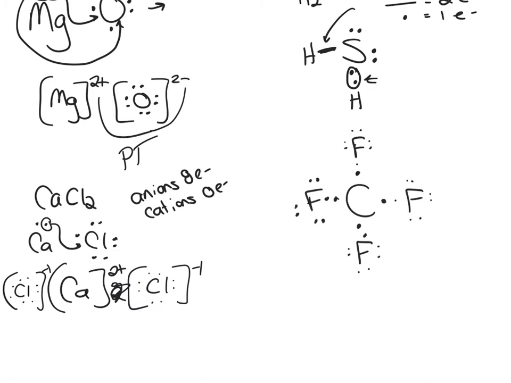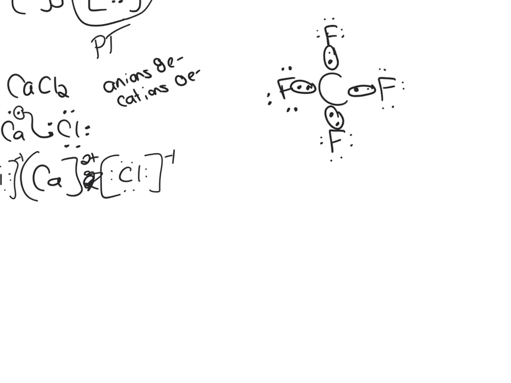And what I'm going to do, instead of drawing lines, I'm going to circle those bonds and be like, there they are. So that carbon is making 4 bonds, 1 to each fluorine. Now, we need to talk about bond polarity and molecule polarity. So let me move that right over there.